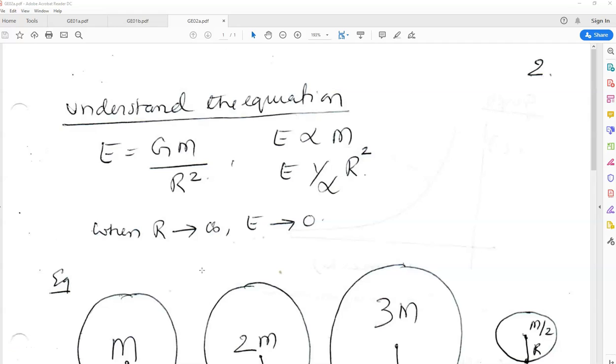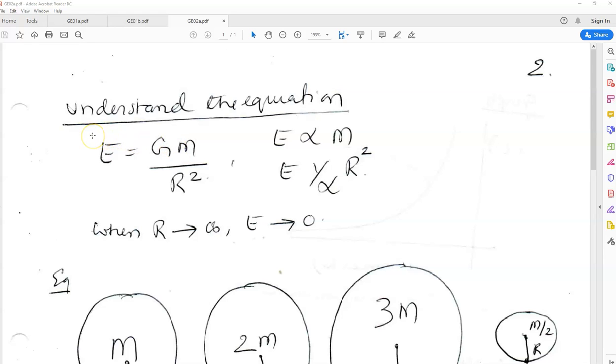One of the most important things in physics is you have to understand the equation. You should get the meaning of the equation into your heart rather than memorizing the formula. So you know that the gravitational field is equal to GM by r squared.